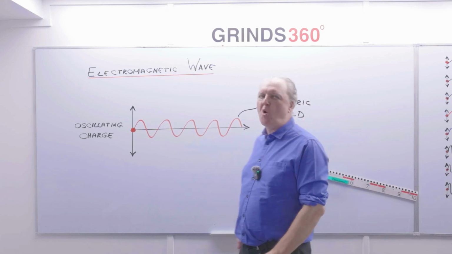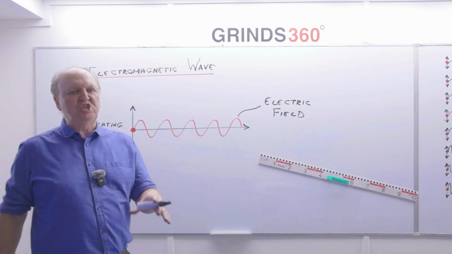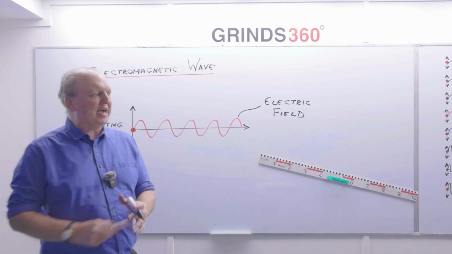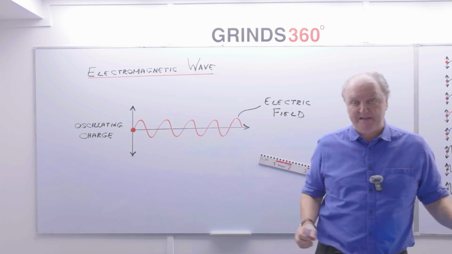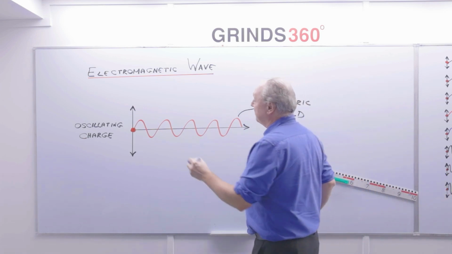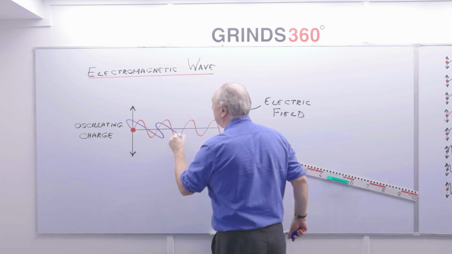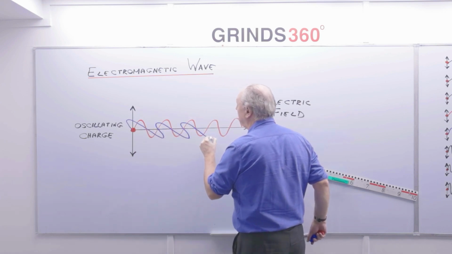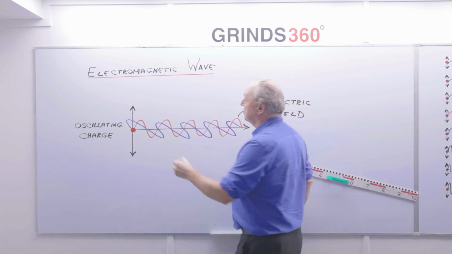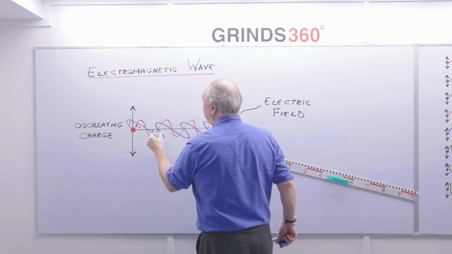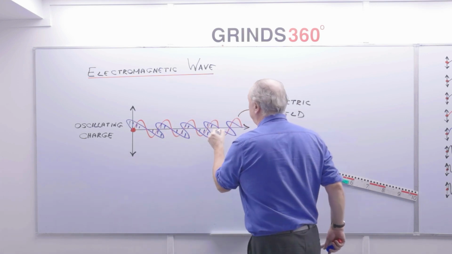But there is another component to it. When you do electromagnetism later on, you'll find out that a changing electric field gives rise to a magnetic field, and this magnetic field will be at right angles to the electric field. So if I was to draw a wave at right angles to it, I'll draw something like this. That's not a bad effort. I'll shade that blue wave in. So this blue wave is at right angles to the red wave.